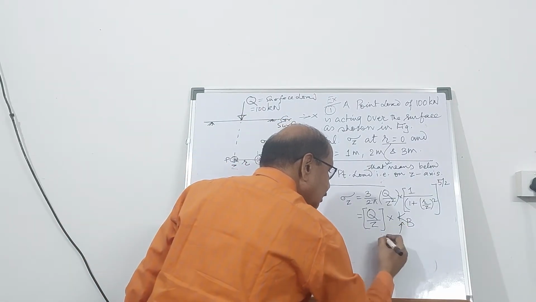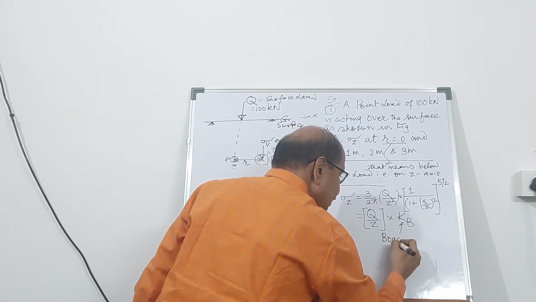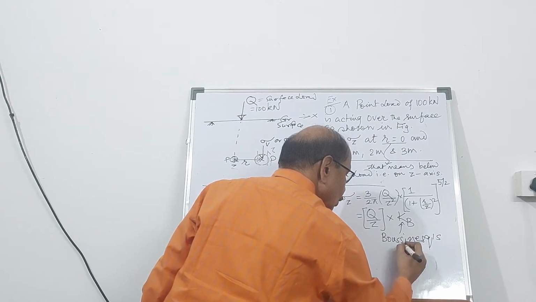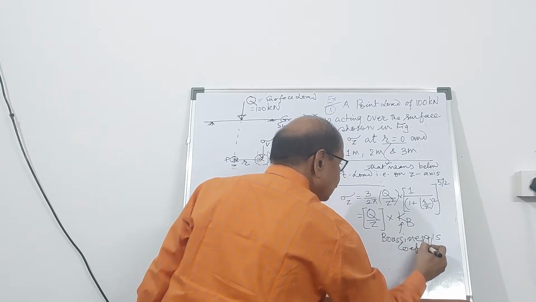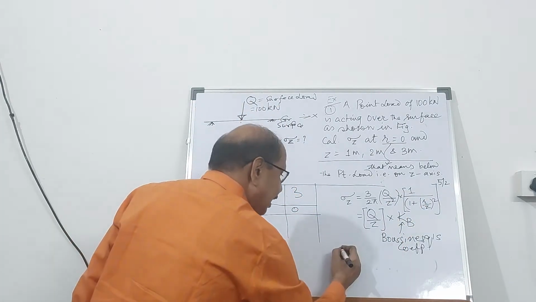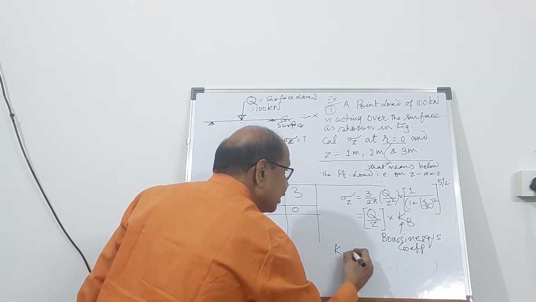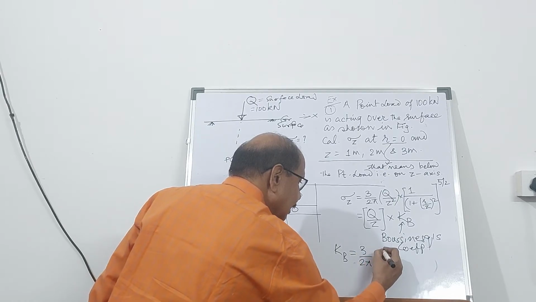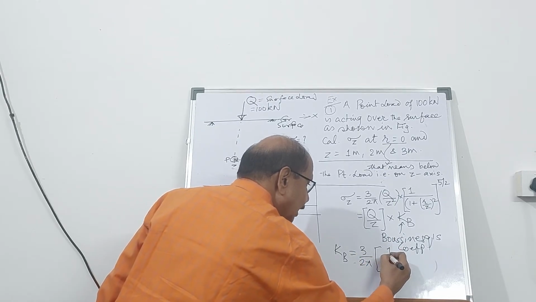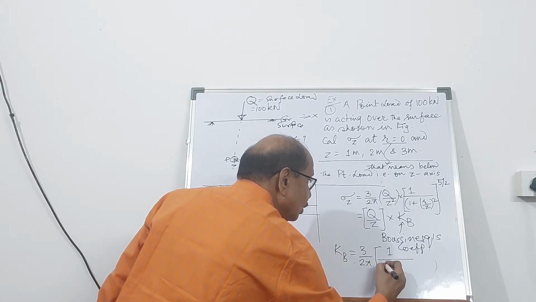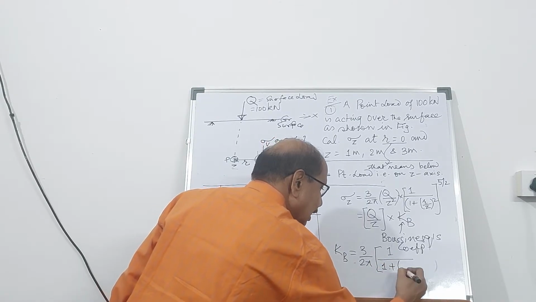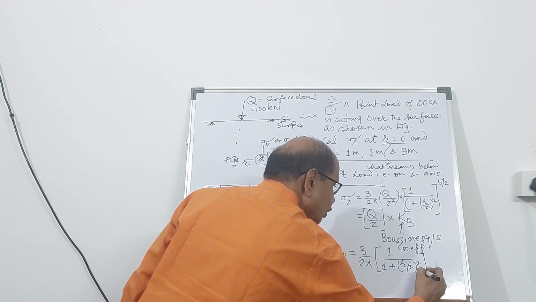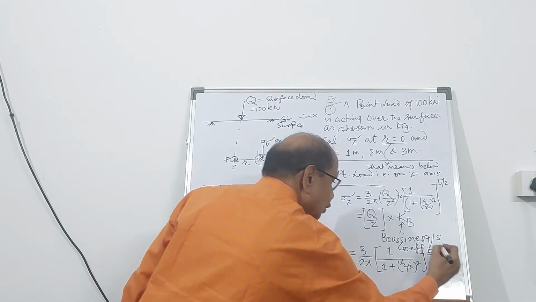Kb is called the Boussinesq coefficient, where Kb is given as 3 divided by 2 pi into 1 divided by 1 plus r by z whole square to the power 5 by 2.